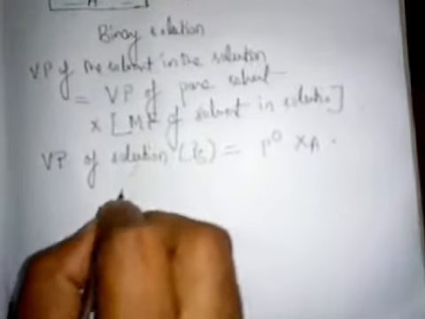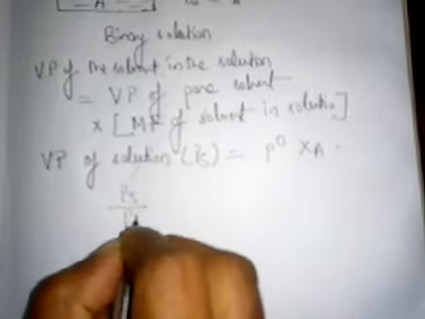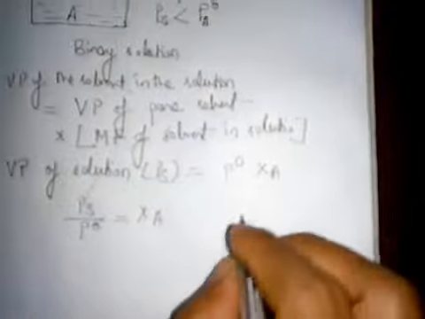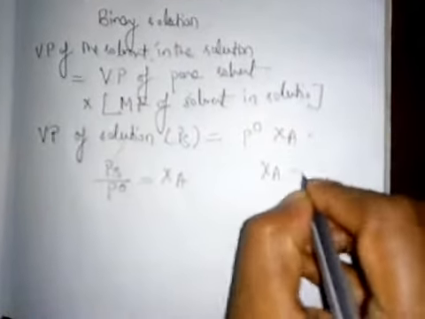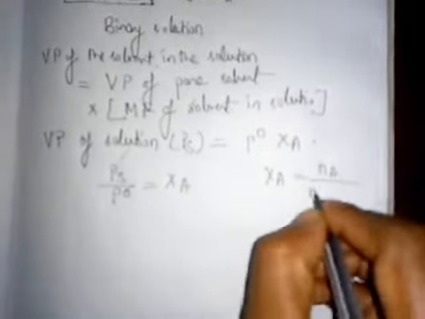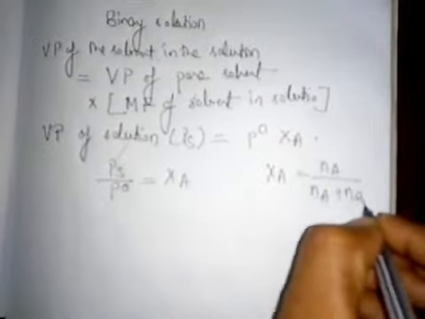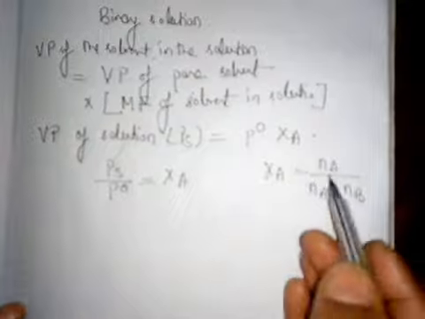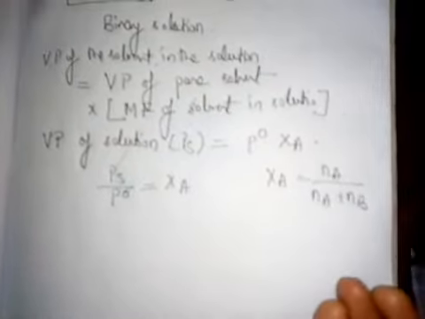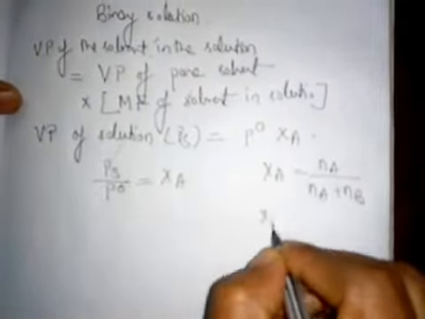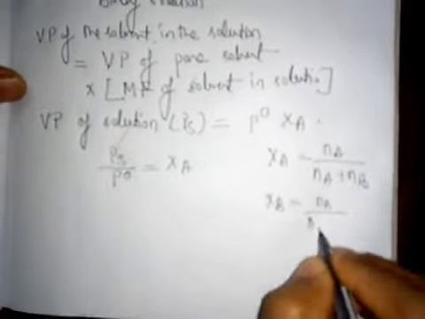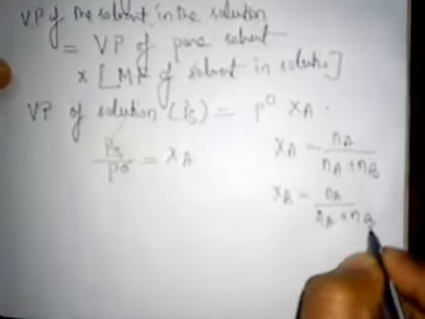So PS by P naught is equal to XA. Now XA is equal to NA by NA plus NB, where NA is the number of moles of solvent, NB is the number of moles of solute. Similarly, XB can be written as NB by NA plus NB.